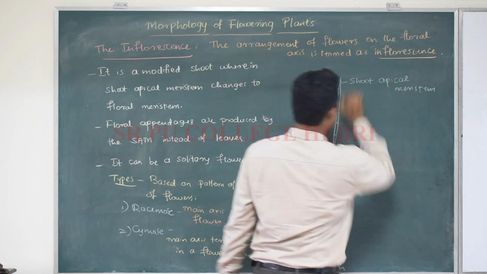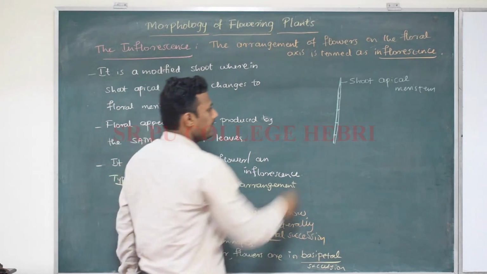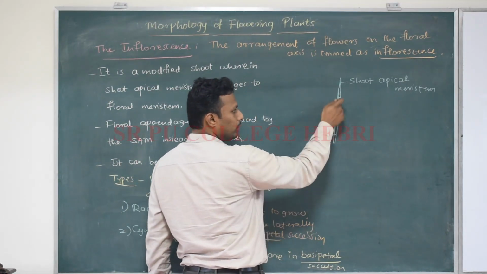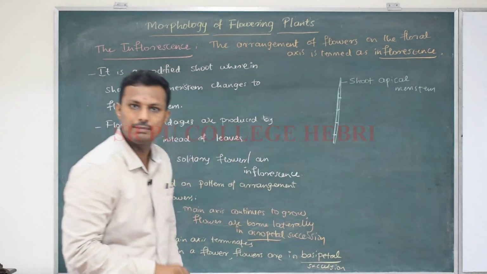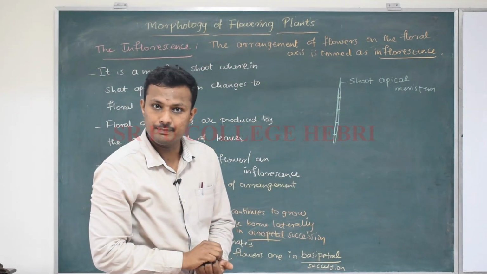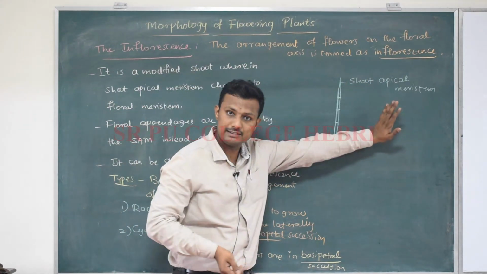So this is a typical stem that we usually see. This is the node, internode, and this is the shoot apical meristem. What is the function of the shoot apical meristem and what type of cells are there?